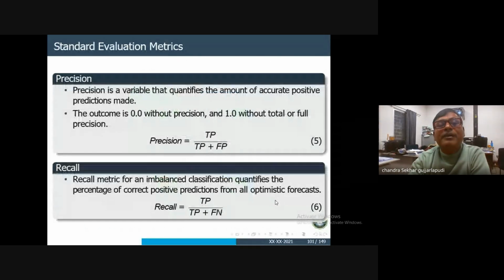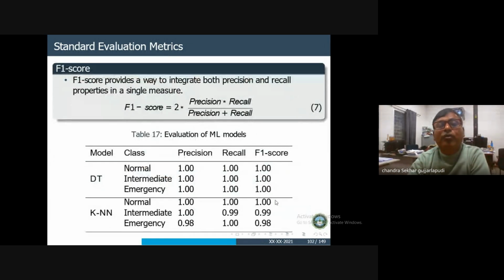Now we have checked the precision as well as recall value to calculate the F1 score for both decision tree and KNN models. For the decision tree model, we are getting 1 for precision, recall and F1 score for the normal class, the intermediate class, and the emergency class.